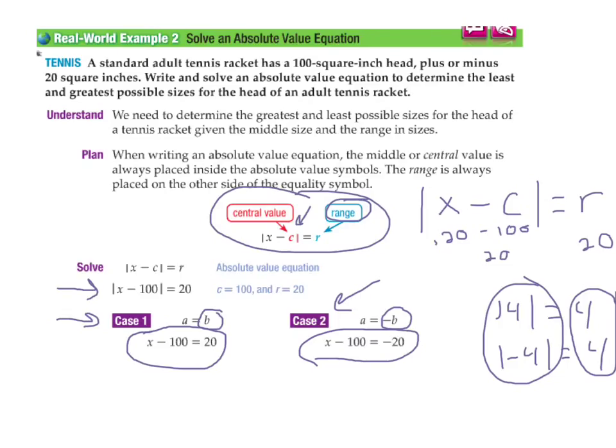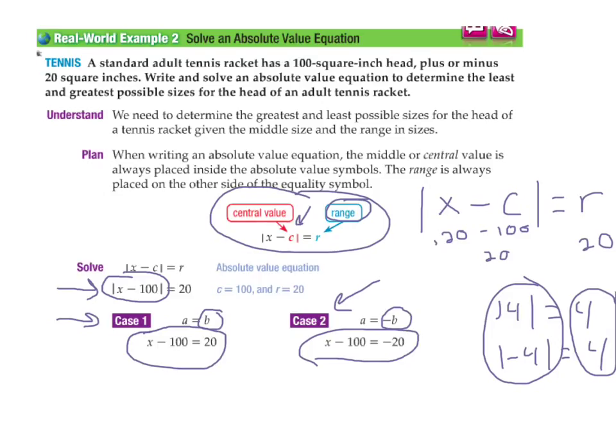So essentially, since in this equation the absolute value is by itself on one side of the equation, we're now ready to split this thing into case 1 and case 2. And soon we're going to talk about the steps that we use to do that. And the first step that we're going to talk about is isolating the absolute value. And that's what we have here. The absolute value of x minus 100 alone on one side of the equal sign means that it's isolated.